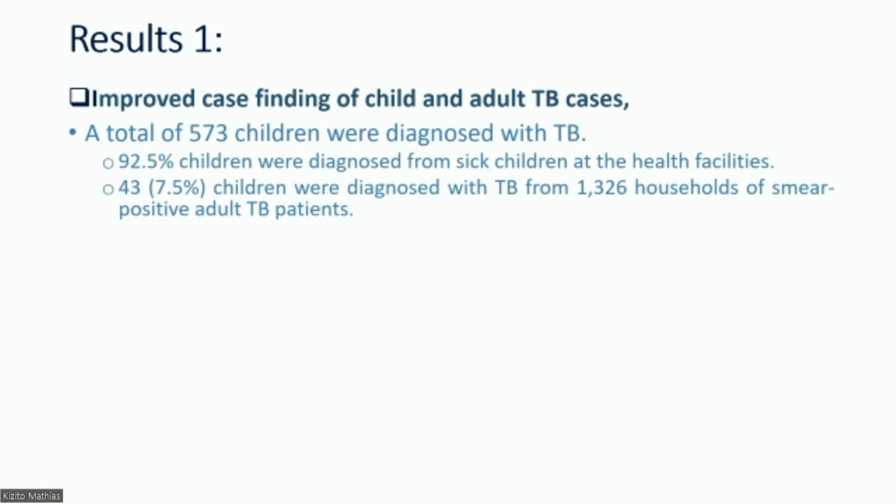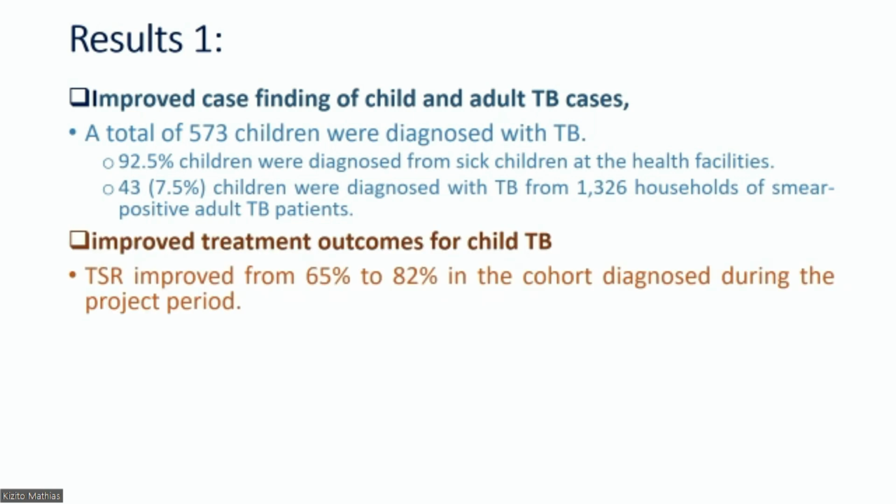For this project, 92.5% of children diagnosed with TB were from the facility arm. These are findings that we also saw within the CAP TB project, for those that participated in the dissemination yesterday. We had 7.5% identified from the contact tracing arm.